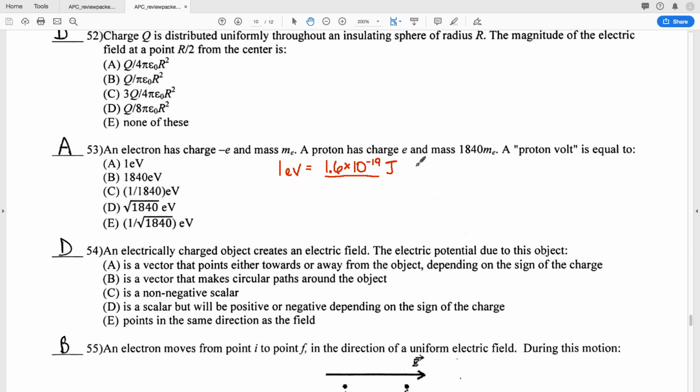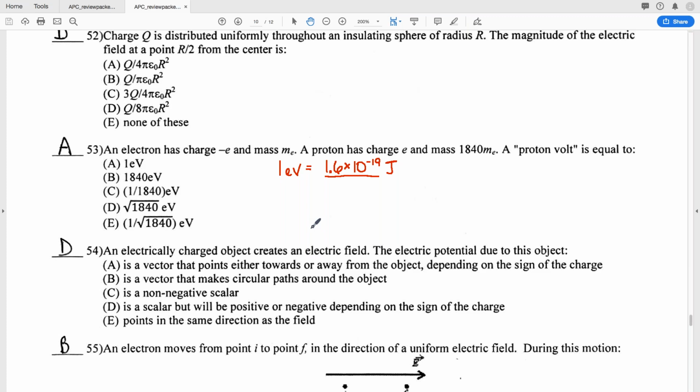And so this question is saying we have an electron of a certain charge and a certain mass. They're saying the proton has the same magnitude of charge, but 1,840 times more mass. So they're saying then a proton volt is equal to what?